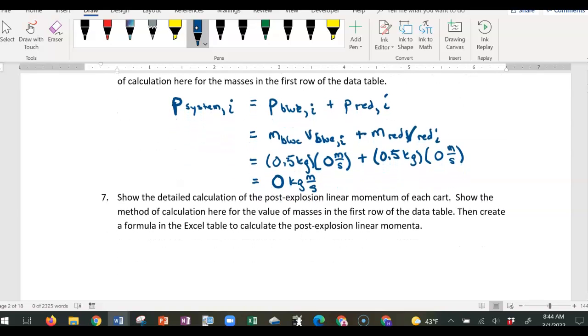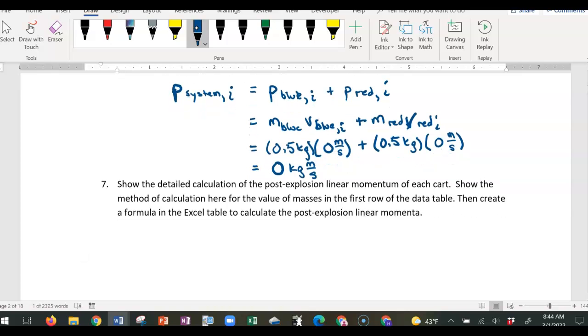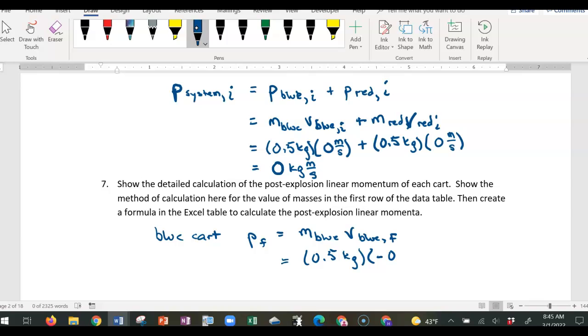And then I want to show the calculation, I'm moving on to step 7, of the post-explosion linear momentum of each cart. Okay, so for the blue cart, the final momentum equals the mass of the blue cart times the final blue cart velocity. Okay, so the blue cart had a mass of 0.5 kilogram, and at the end, after the explosion, the velocity was negative 0.6 meters per second.